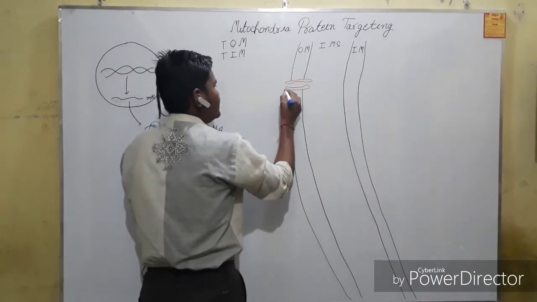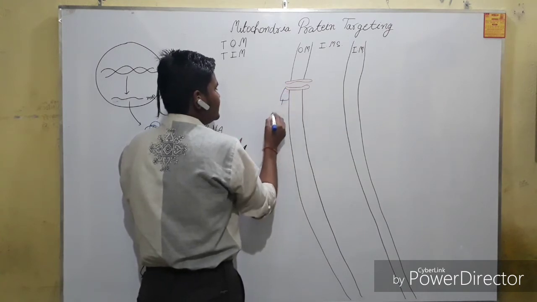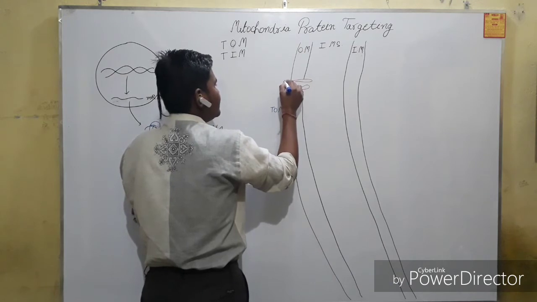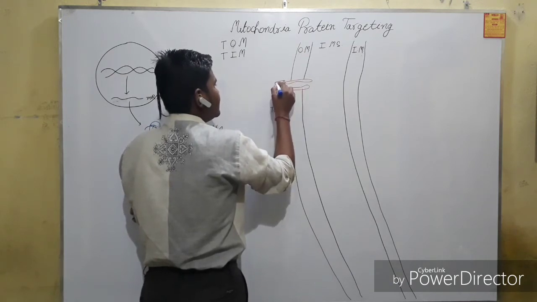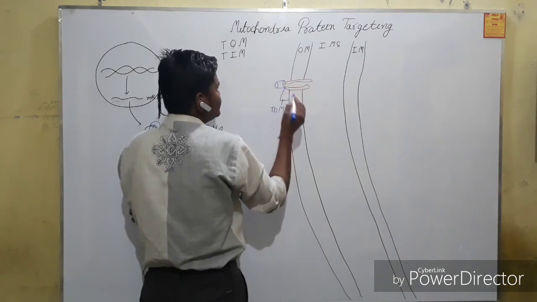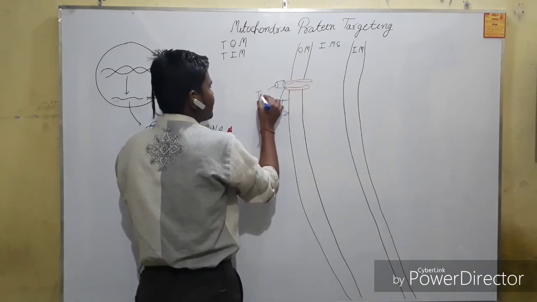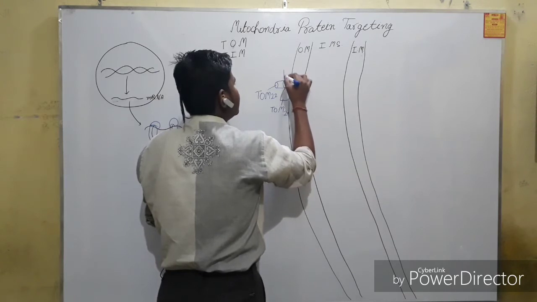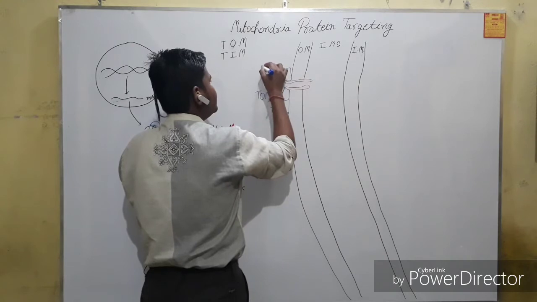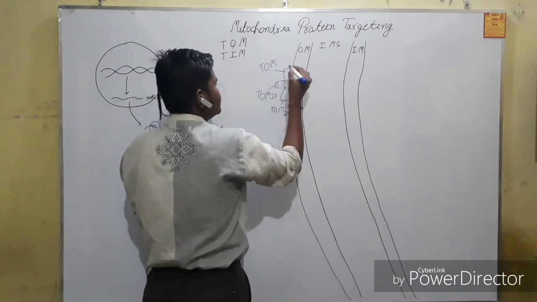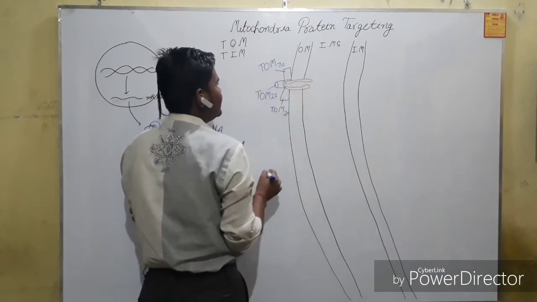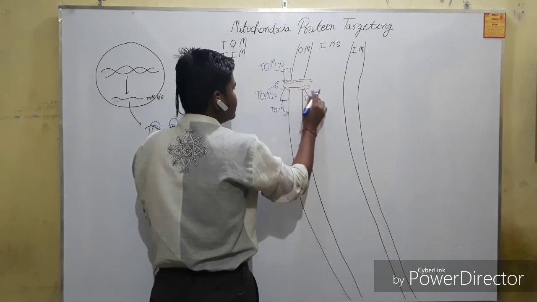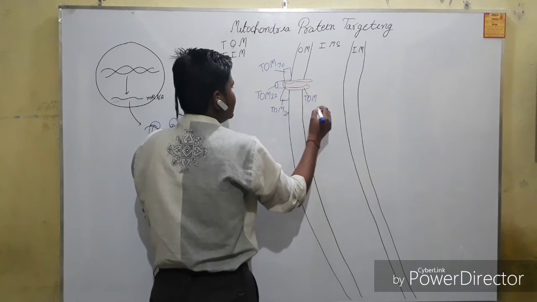Here TOM 20, TOM 22, TOM 70, and TOM 40.